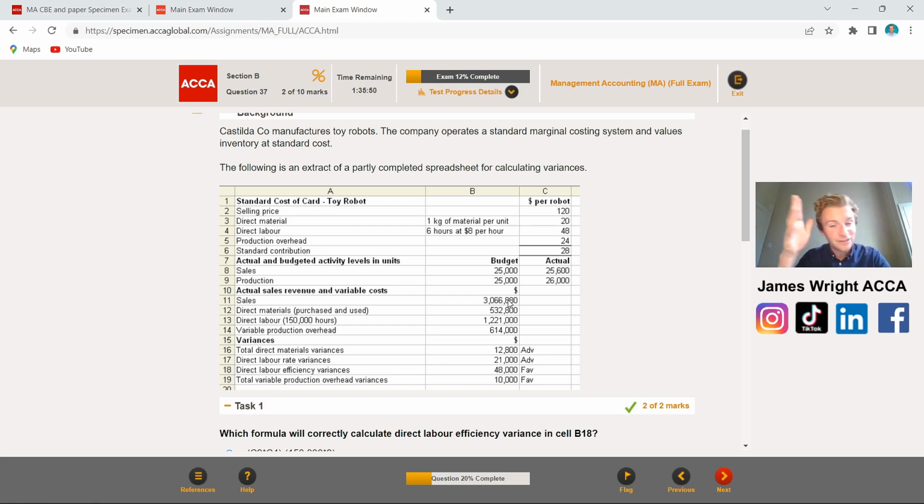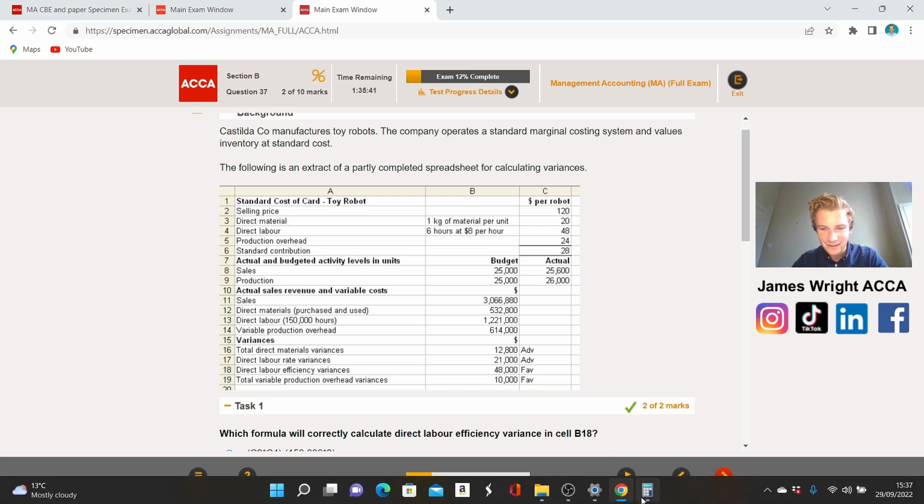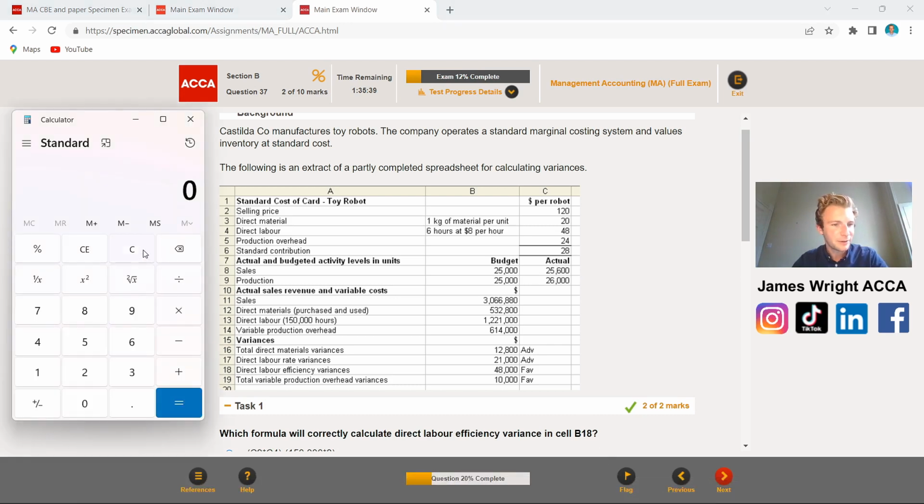Are we in a better or worse off position? So what we need to do is take the actual sales, the 25,600. So I'm going to go back into multitask mode on here. 25,600 on there. So this is what actually happened. Multiply it by the 120 for the sales price. So that is the figure on there.